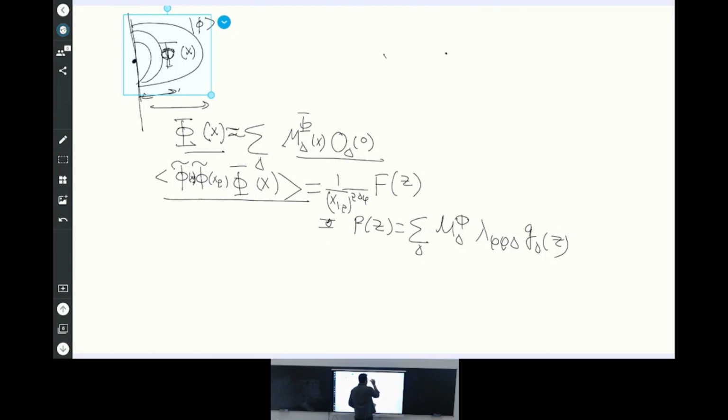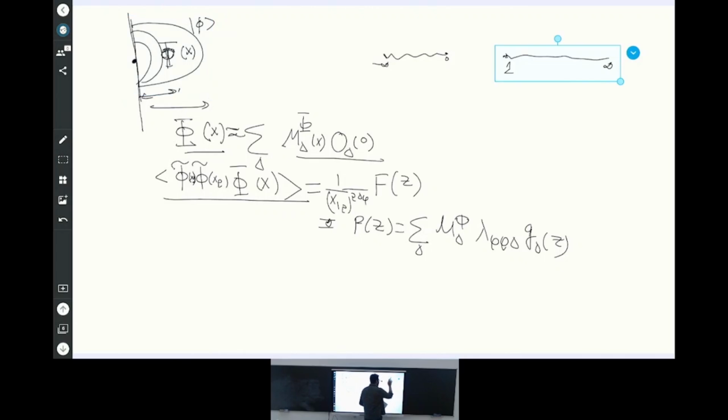If you are in this region, minus infinity to 0, you will have a cut of this function, but if you are here, let's say 1 to infinity, then there is no cut of this function. On the other hand, this block has a cut here.